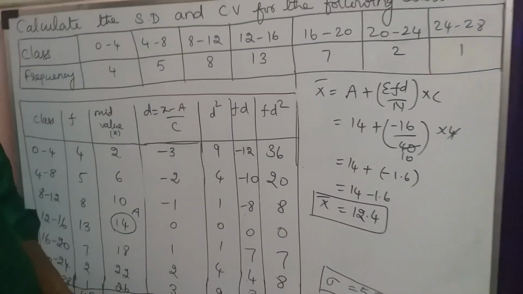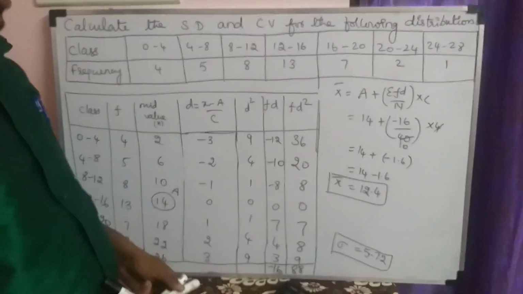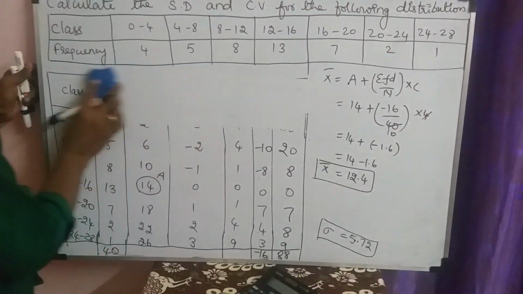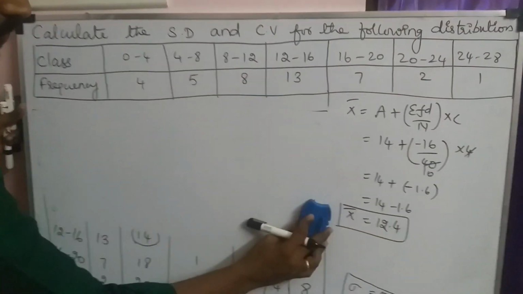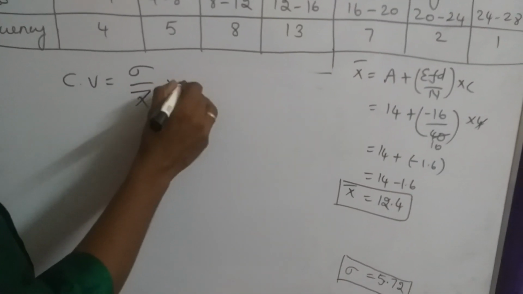Now we can easily calculate the CV, since we know x bar and the standard deviation. The coefficient of variation is sigma divided by x bar into 100.